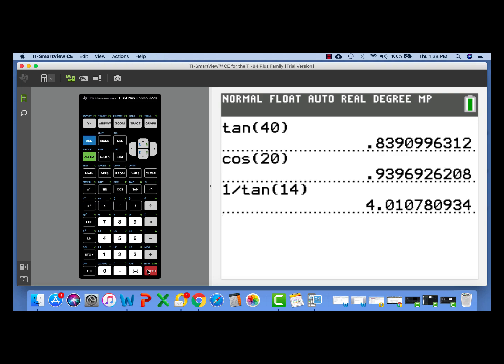Now the same thing goes for the next example, part D. It says find the cosecant of 80 degrees. We do not have a cosecant button on our calculator, so I have to use the fact that cosecant and sine are reciprocals. So I'm going to do the reciprocal of sine of 80 degrees to find the cosecant of 80 degrees.